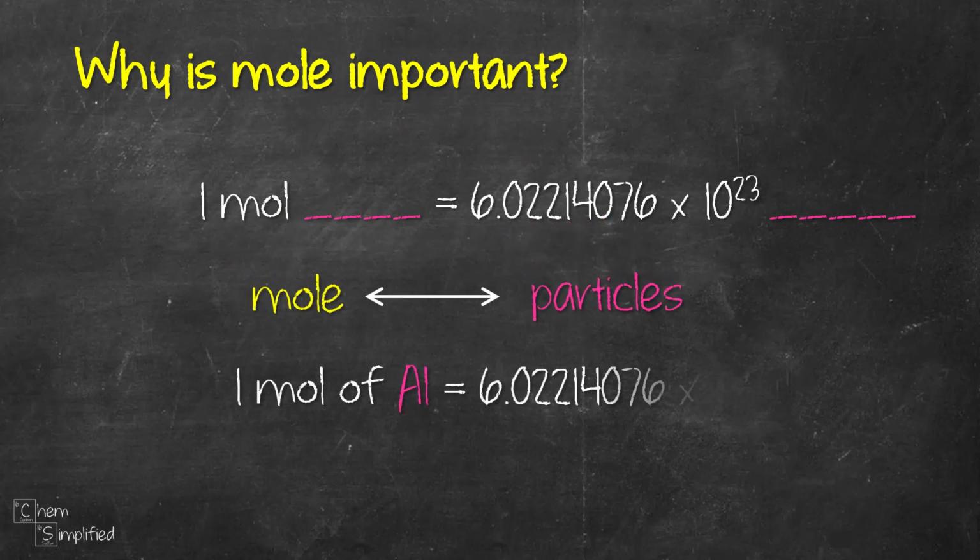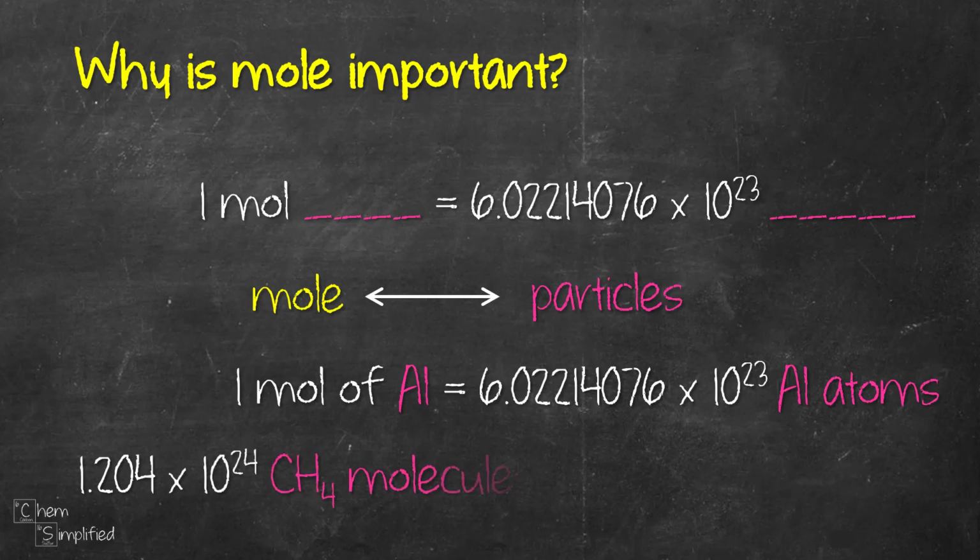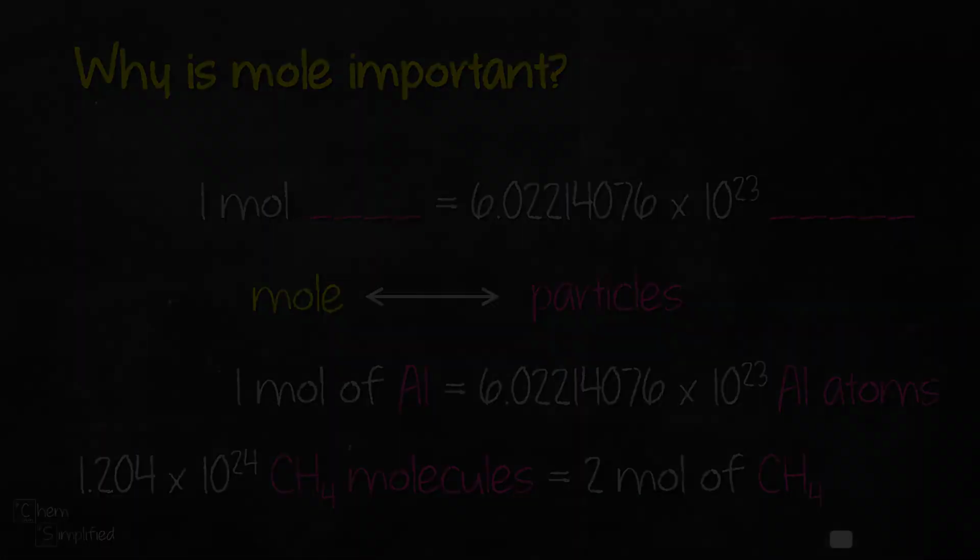We can say 1 mole of aluminum is 6.022 times 10 to the 23 aluminum atoms. We can also go from CH4 molecules and use that to calculate the moles of CH4. So we can go from moles to particles and particles back to moles, all just using Avogadro's number.